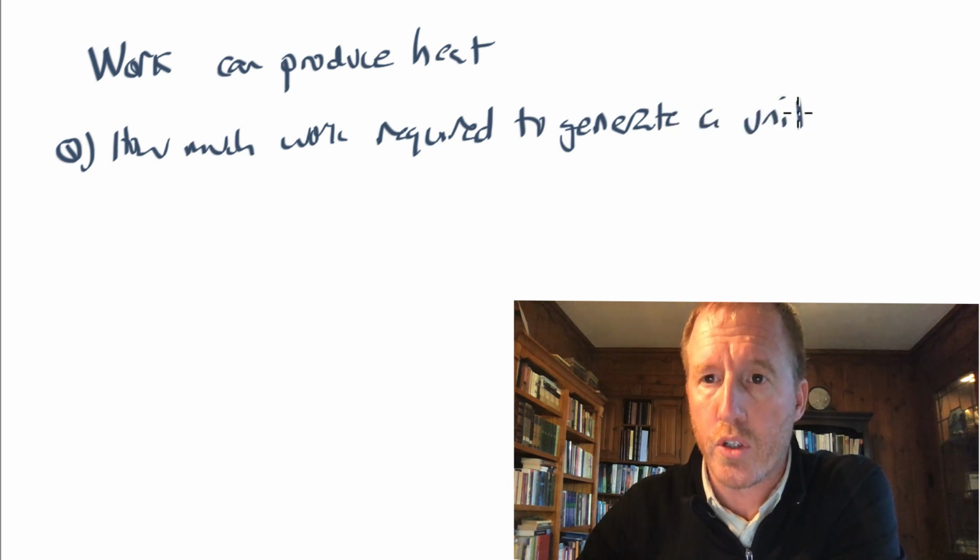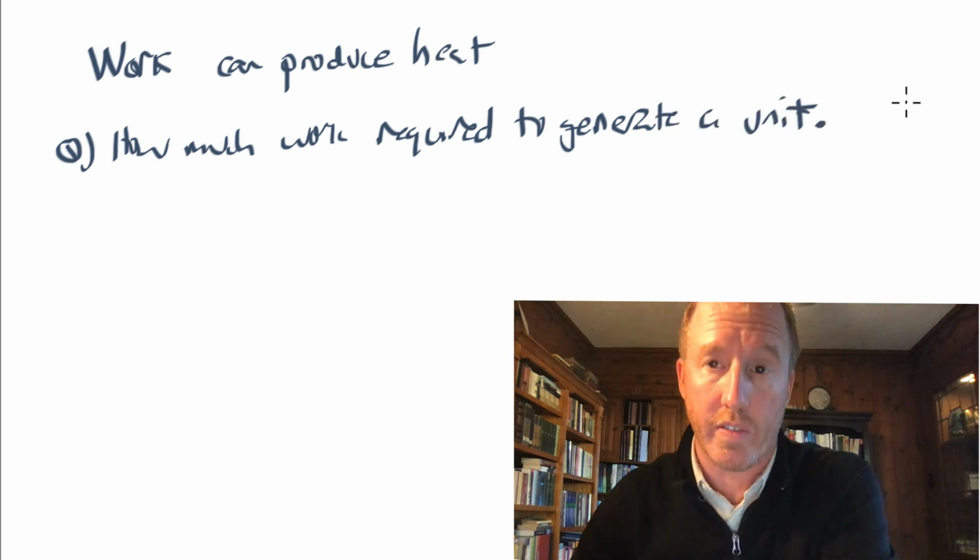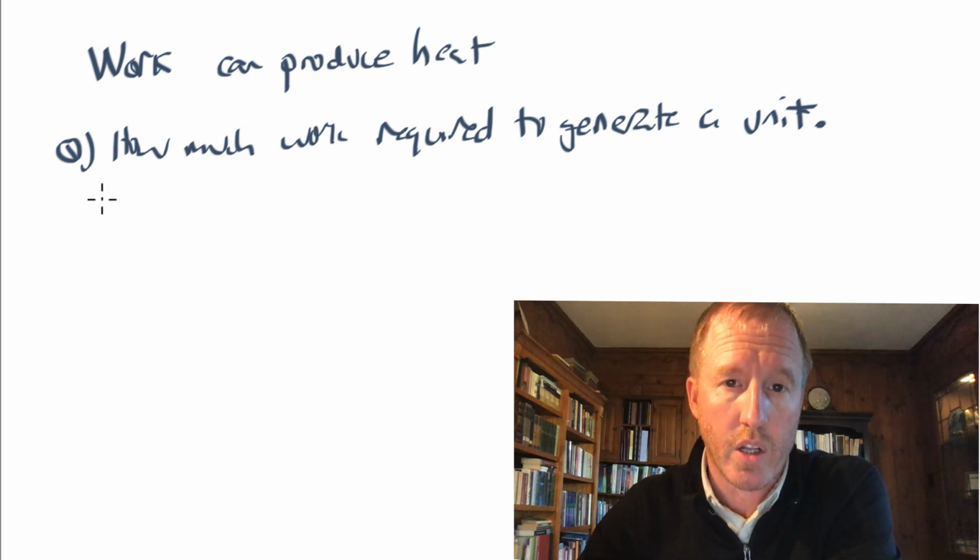Well, first thing we need to do is explain what we mean by a unit of heat if we're trying to be quantitative about this. So what is a unit of heat?